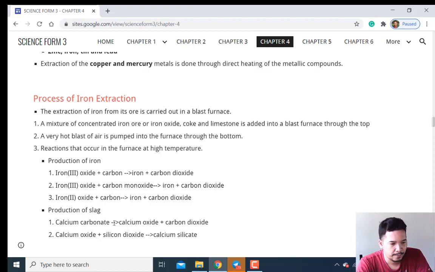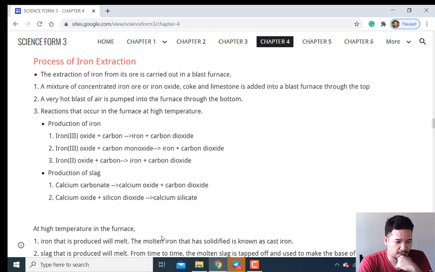Slag is a combination of calcium carbonate, calcium oxide, silicon dioxide, and also a lot of calcium silicate.